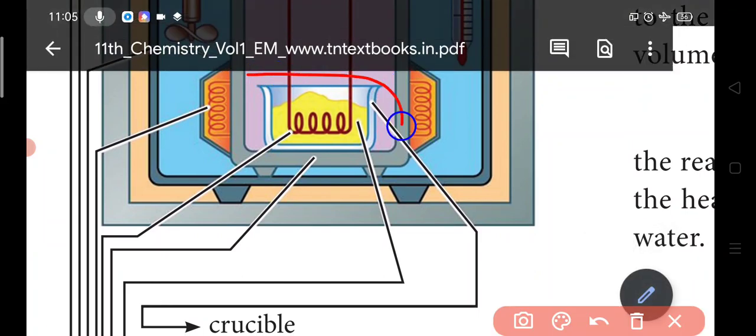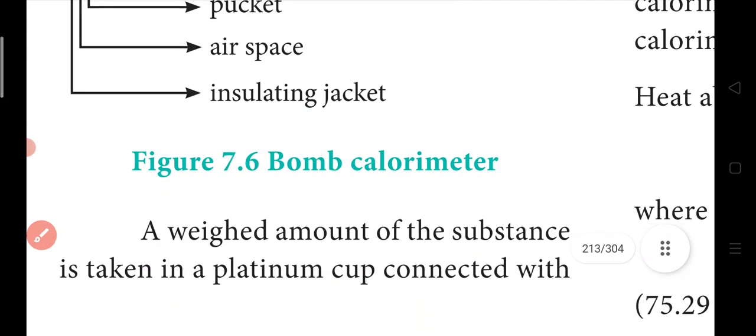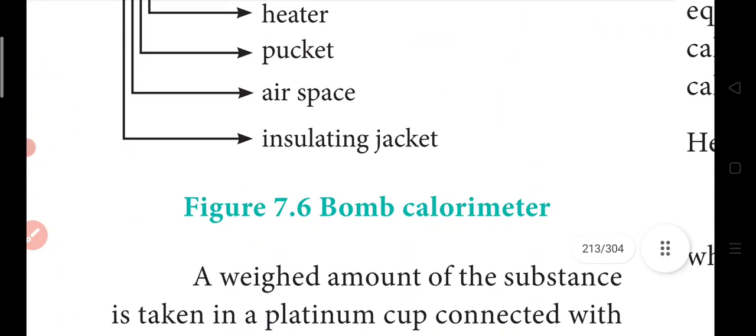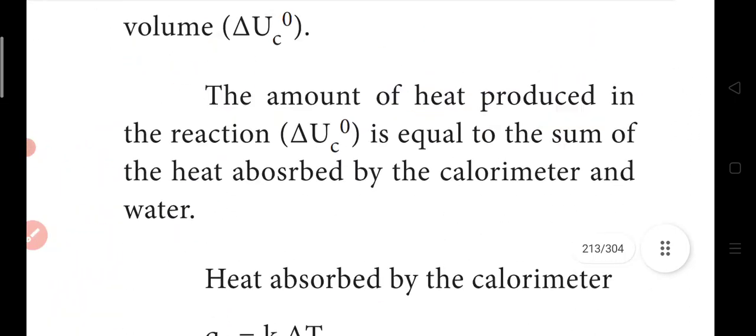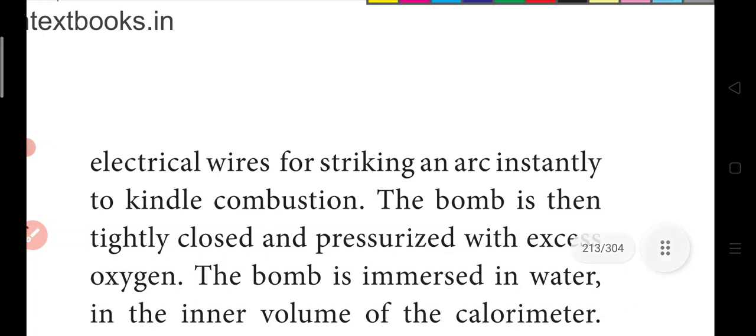Outside, you can see the silver coating, which is fixed tightly. Now a weighed amount of substance is taken in a platinum cup, which is connected with electrical wires for striking an arc instantly to kindle the combustion.